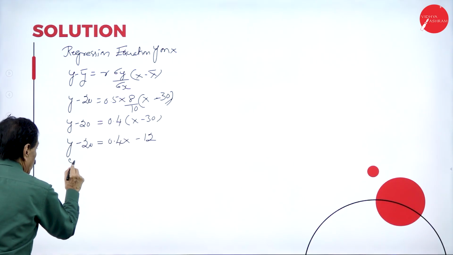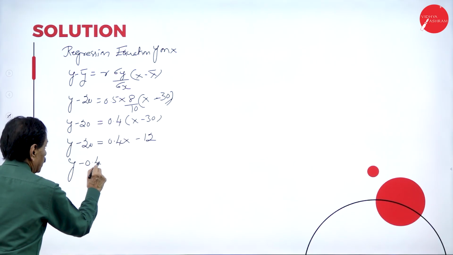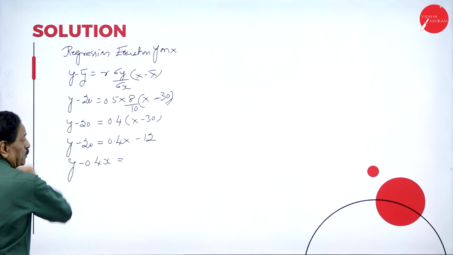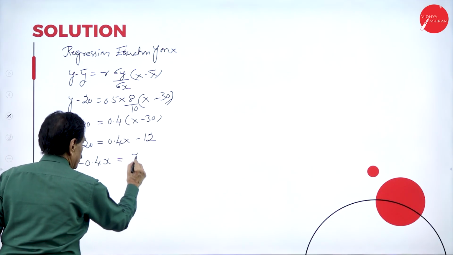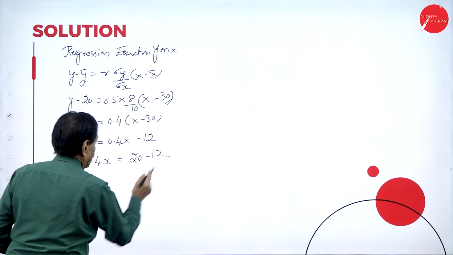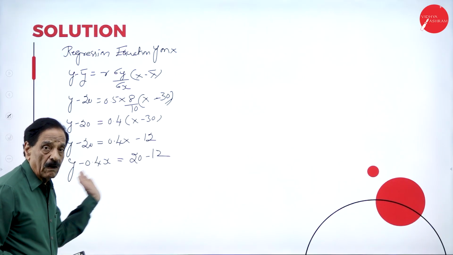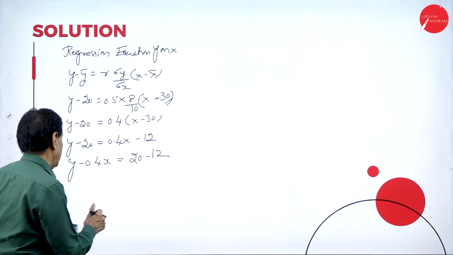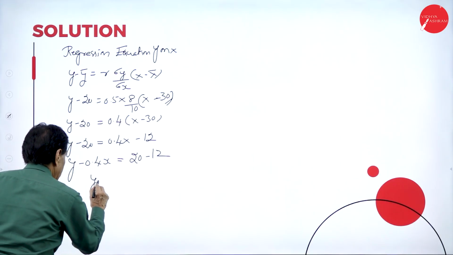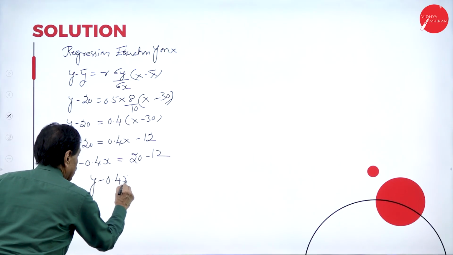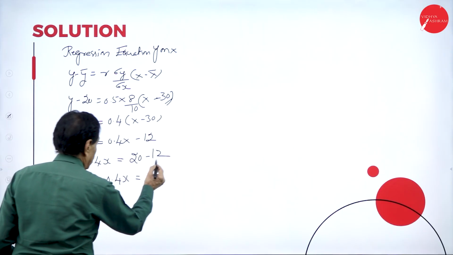Simplify this: the minus 20 comes to that side, plus 20 minus 12. Y minus 0.4x is 8.